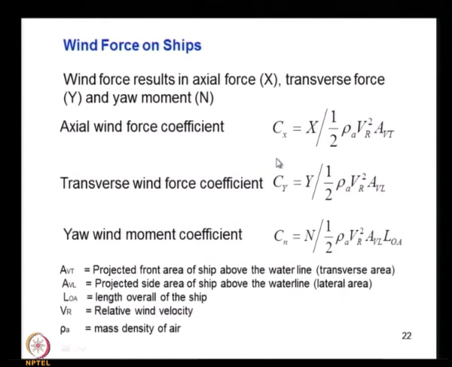In literature you will be able to get all these coefficients C x, C y and C n. These are available in the literature based on wind tunnel tests. So, you borrow the appropriate value depending on the size, shape and form of the structure.